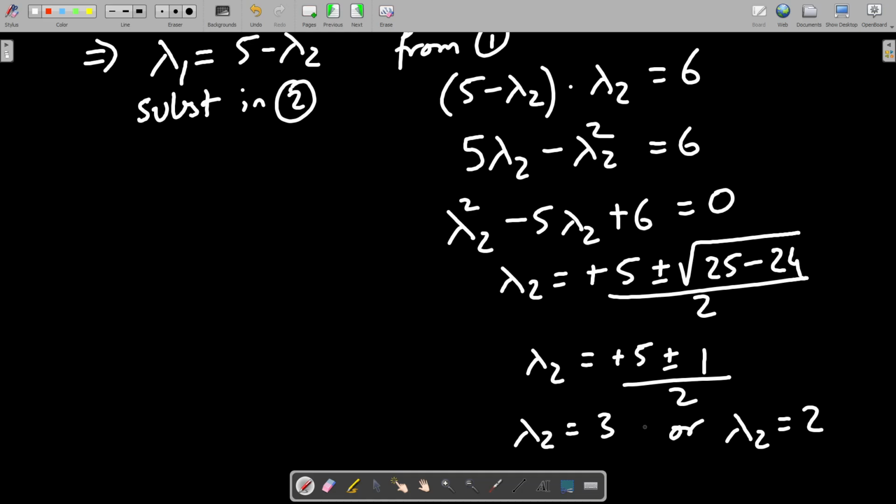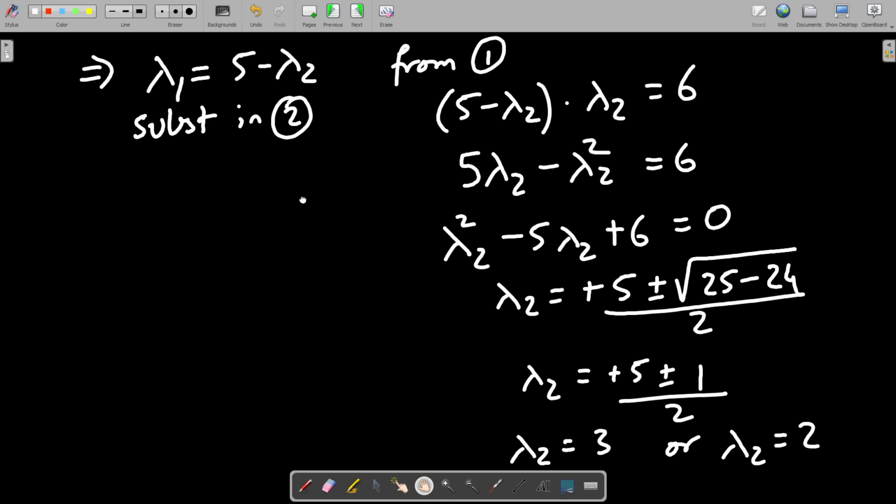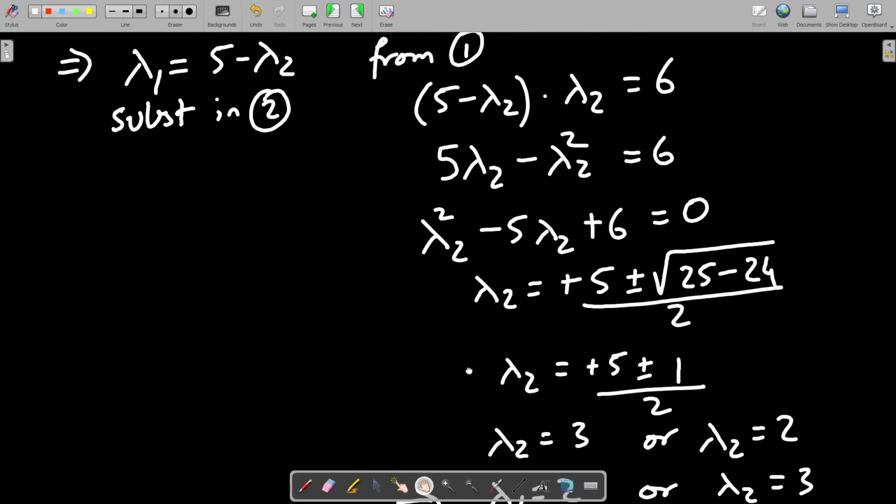Okay. So now put lambda 2 is equal to 3 in the expression lambda 1 is equal to 5 minus lambda 2. This will leave you with lambda 1 is equal to 2, or, with lambda 2 equal to 2, lambda 1 is equal to 5 minus 2, which gives 3. In either case, the order is not important to us, who is lambda 1 and who is lambda 2.